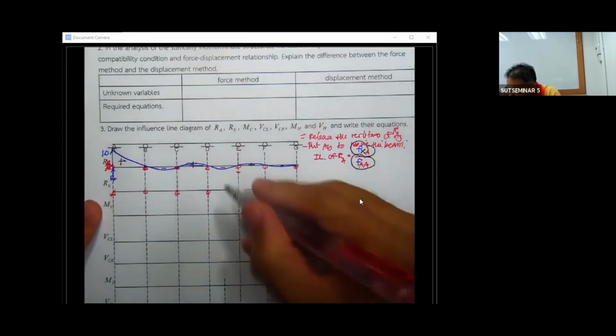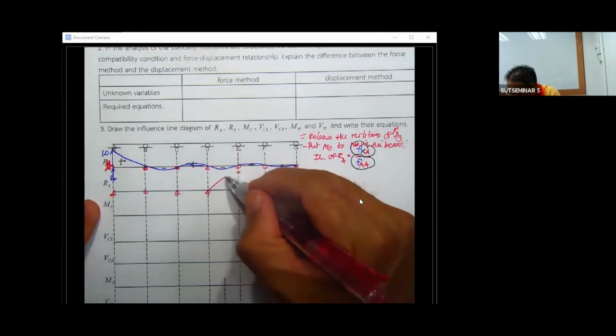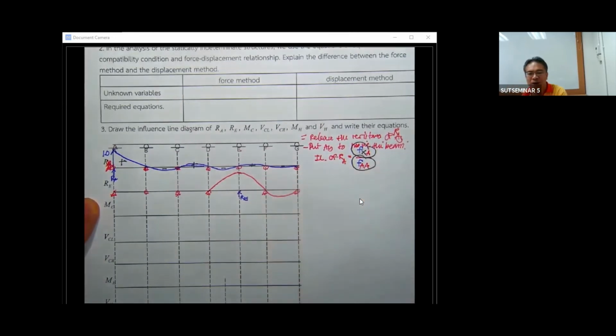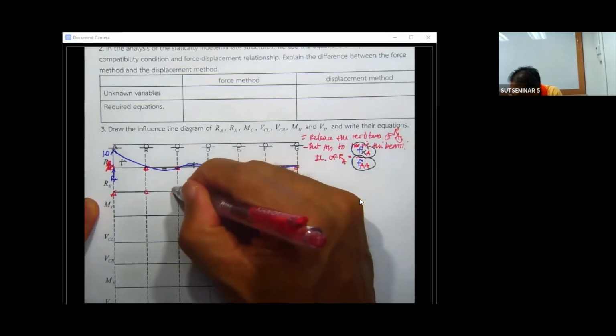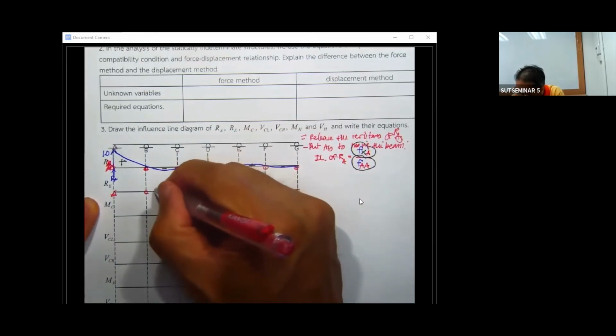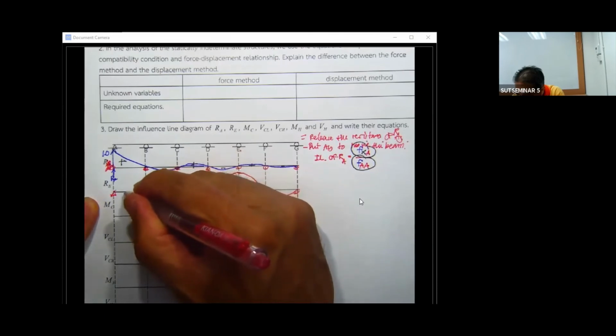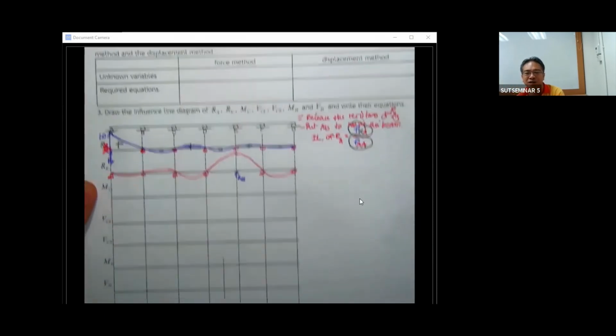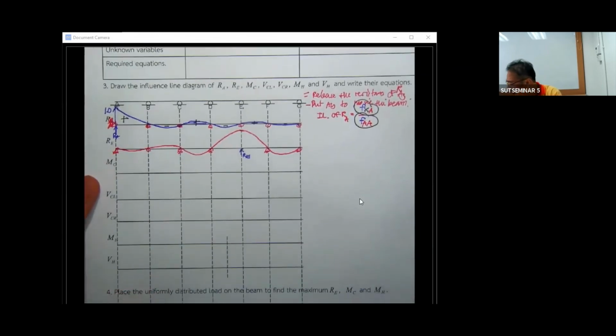When this one moves, this can rotate. So this portion of the beam will deflect like this, and the other will follow the elastic curve that we studied before from the theory of structures.